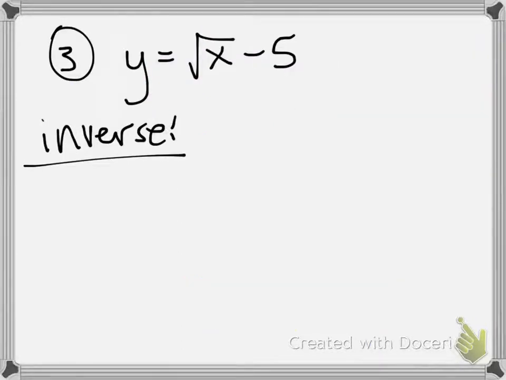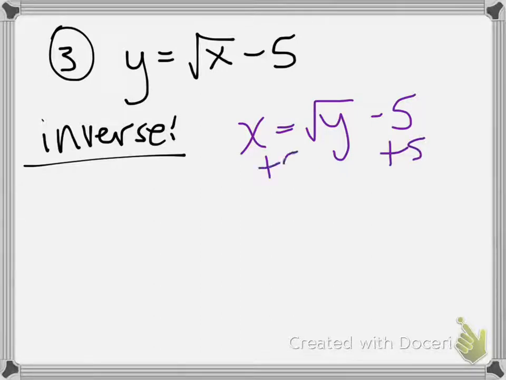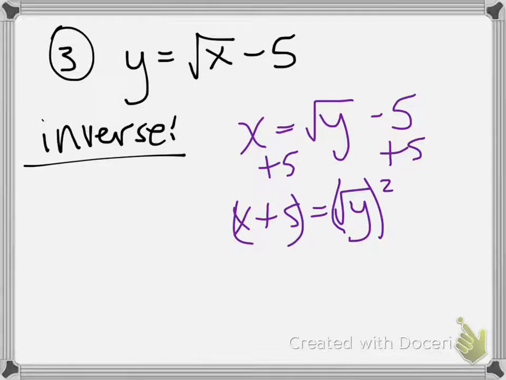Alright, let's look at one more of these. If I take the x and the y and I switch them, I have this situation. This one has a square root in it, so let's see what we're going to do. Add 5 first. So x plus 5 equals the square root of y. Now I want y to be by itself, and it's under a square root, so the opposite thing to do is to square both sides.